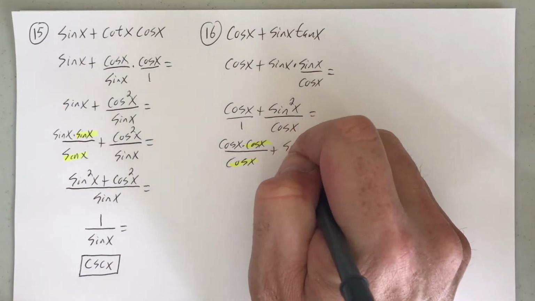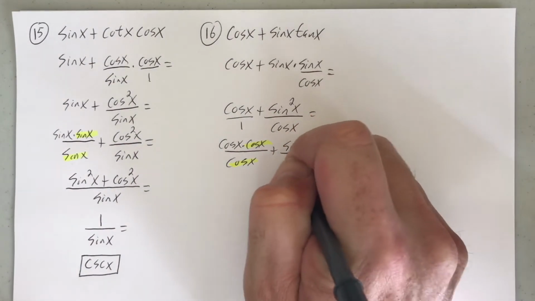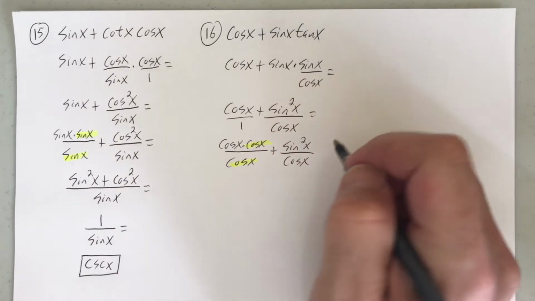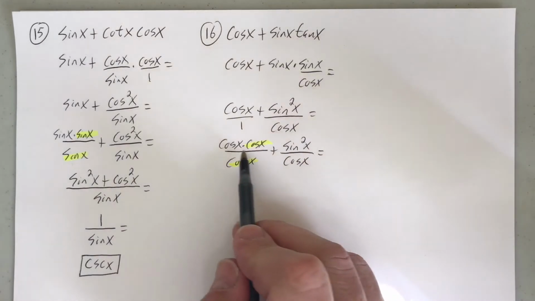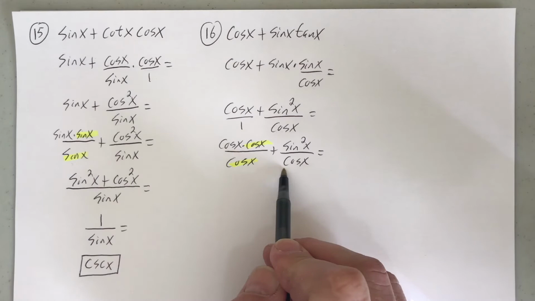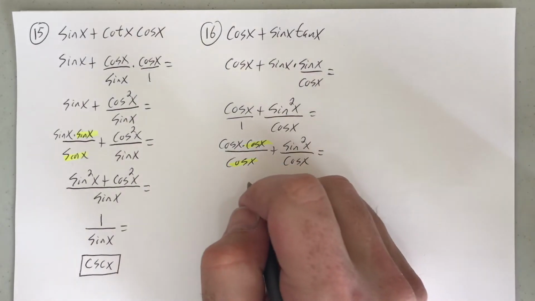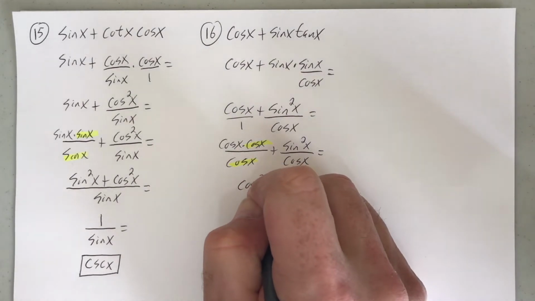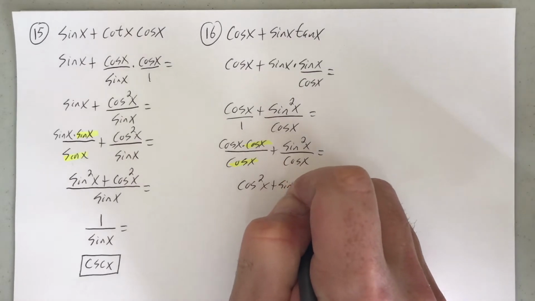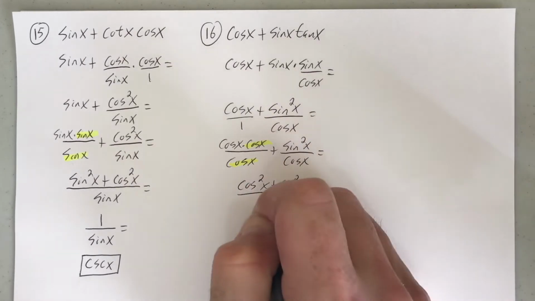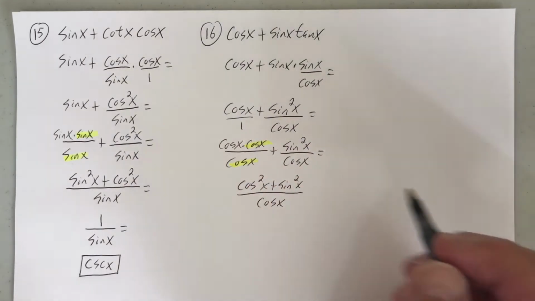And then this is sine squared x over cosine x. So now I can multiply this together and put it over the common denominator just like I did over here. So that would be cosine squared x plus sine squared x over cosine x.